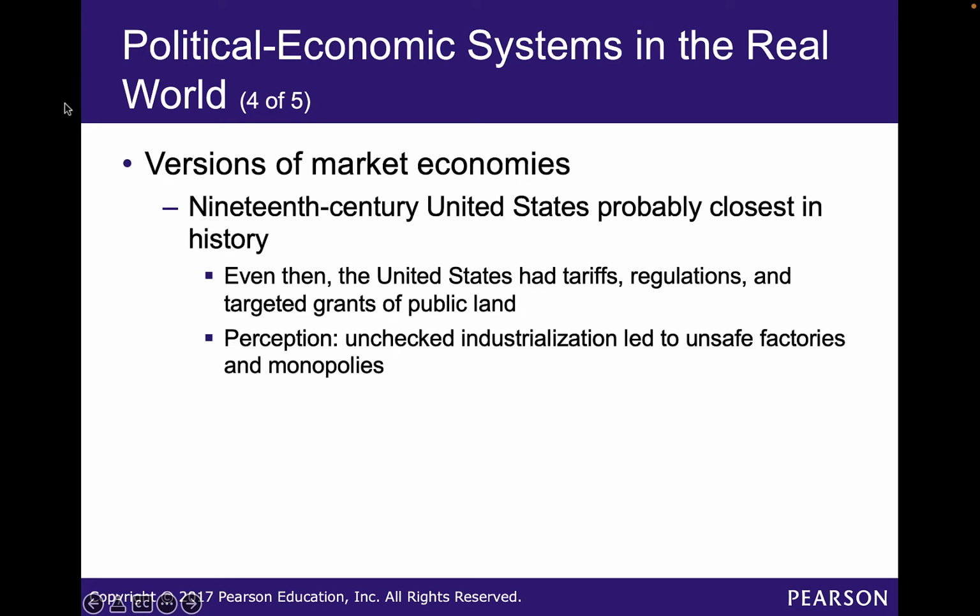We had the Rothschilds, Carnegie, a lot of these people making a lot of money, even when the United States had tariffs, regulations, and targeted grants for public land. One of the things we saw with the government not intervening in this industrialization was that it led to unsafe factories and monopolies.